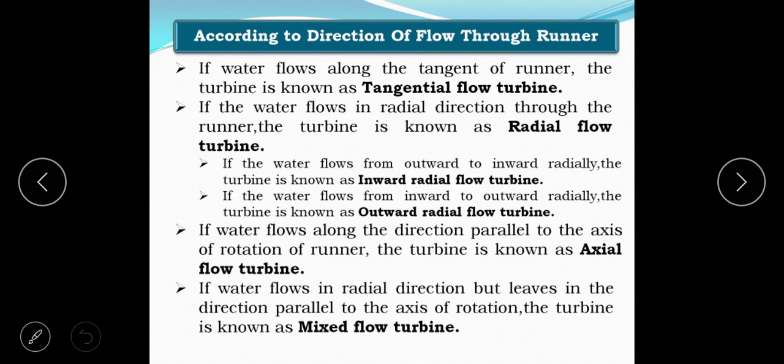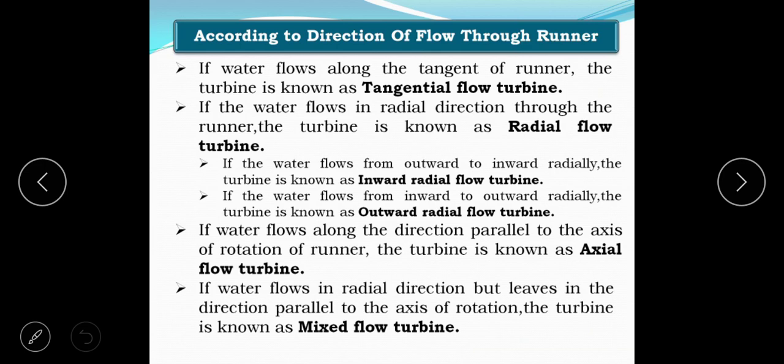According to direction of flow through the runner, the classification: if water flows along the tangent of the runner, the turbine is known as tangential flow turbine. If the water flows in radial direction through the runner, the turbine is known as radial flow turbine. If the water flows from outward to inward, then it is known as inward radial flow turbine. If it is from inward to outward, then it is known as outward radial flow turbine.